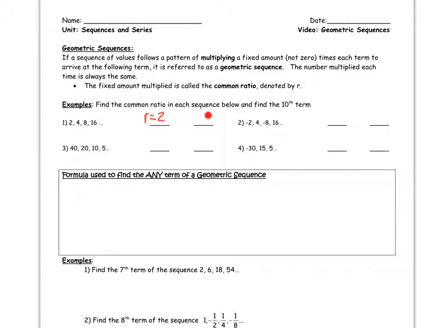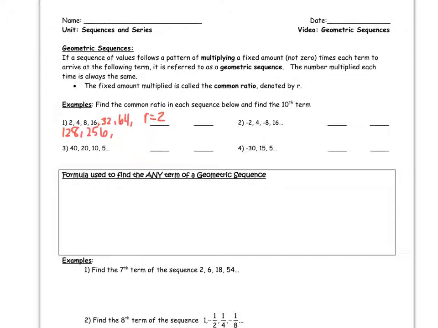And if I want to find the 10th term, I'm just going to have to follow the pattern. So I have 4 terms already. Times 2 is 32. That would be my 6th term. Times 2 is 64. That's my 7th. Times 2 is 128. That's my 8th term. Times 2 is 256.